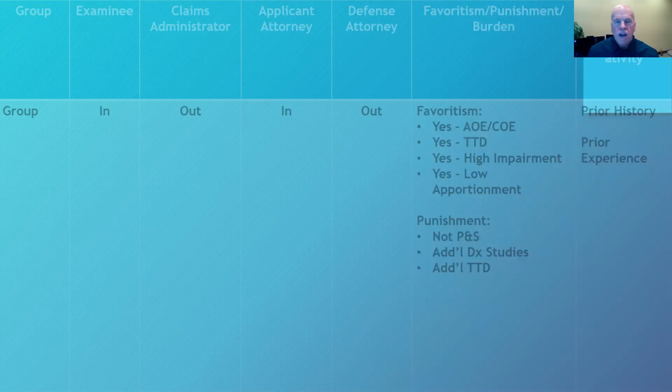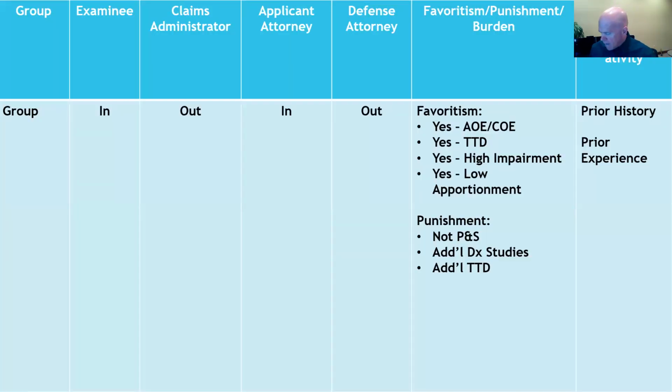So here I have a table, and across the top of the table, I've listed some of the parties and some of the players in your very next case. This is your very next case. There'll be an examinee, and there'll be a claims administrator, an applicant attorney, a defense attorney.